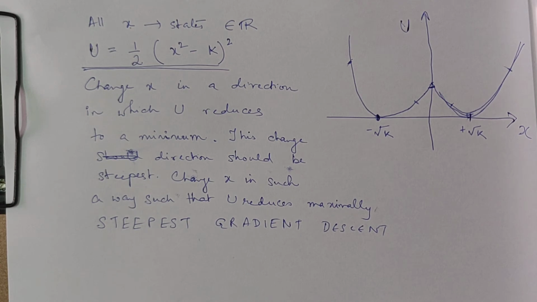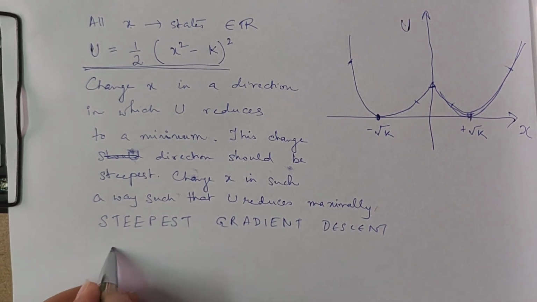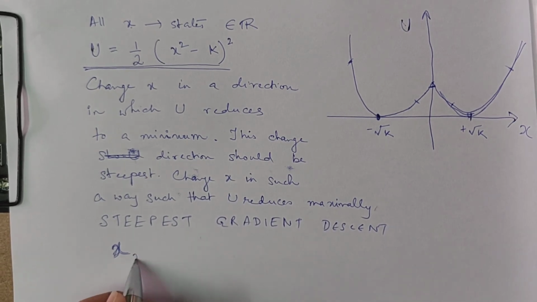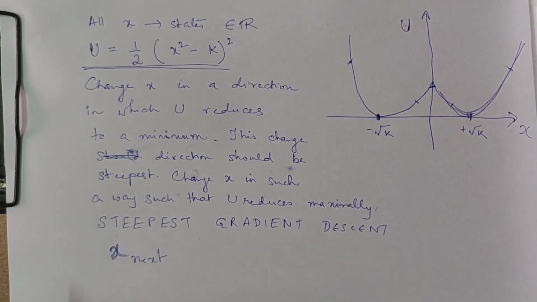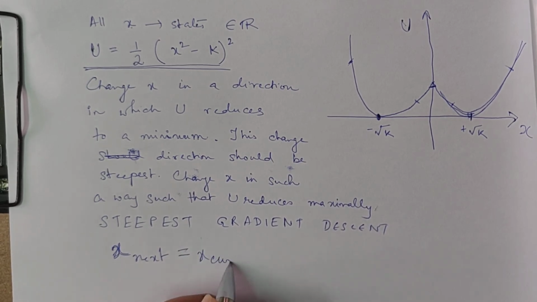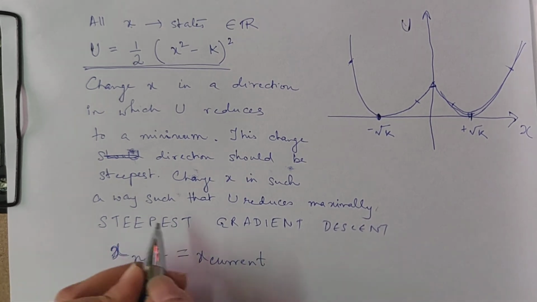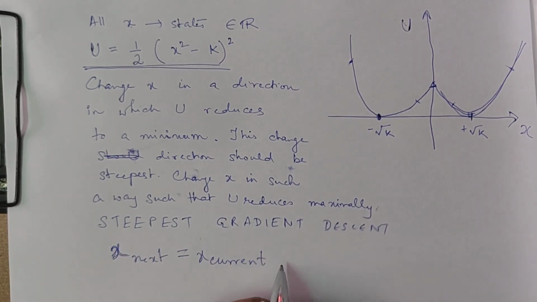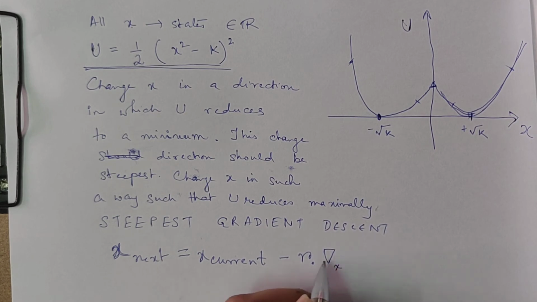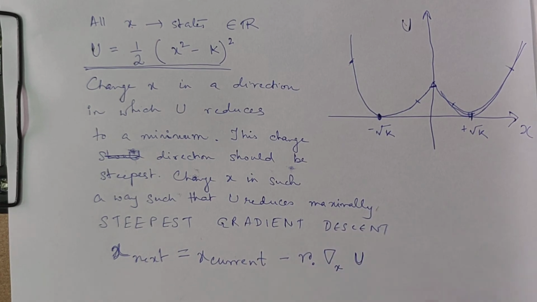And how do I operate? How do I change my x? I start with my current x, and then I generate my next x as x next equal to x current minus r into grad x, which means del del x of u.